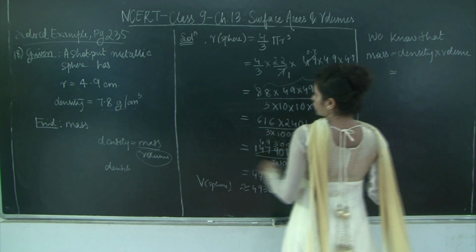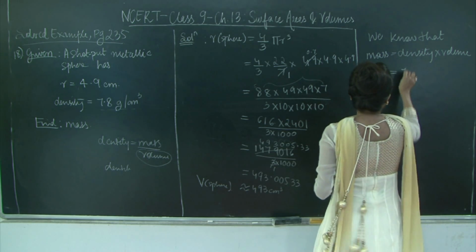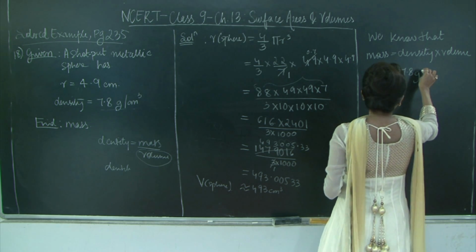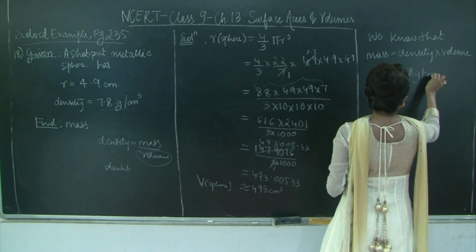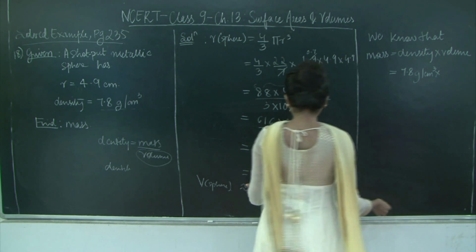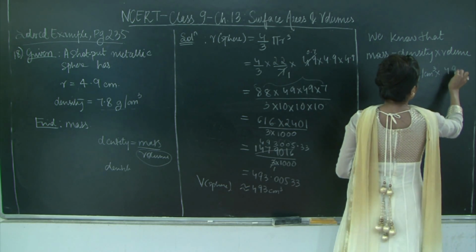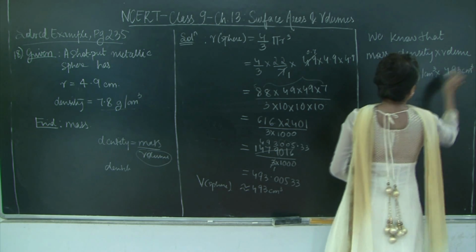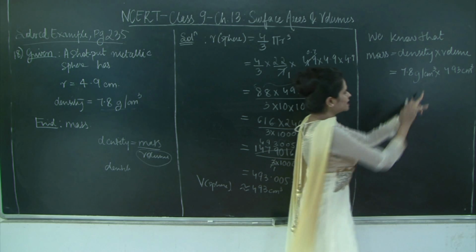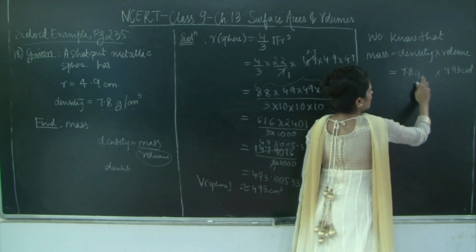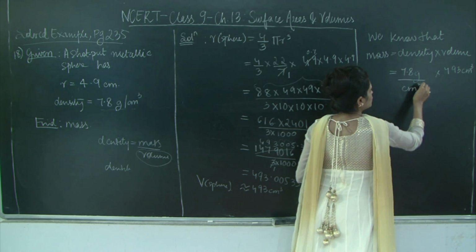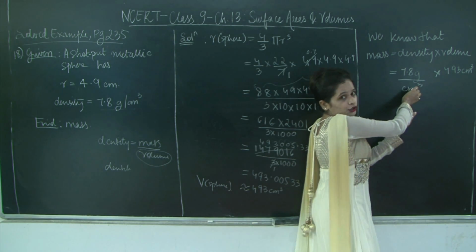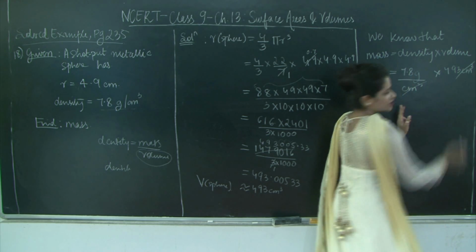So substituting the value for density, it is 7.8 grams per centimeter cube into volume. Volume is 493 centimeter cubes, right? Here the units are very important. So this centimeter cube cancels out with this centimeter cube.